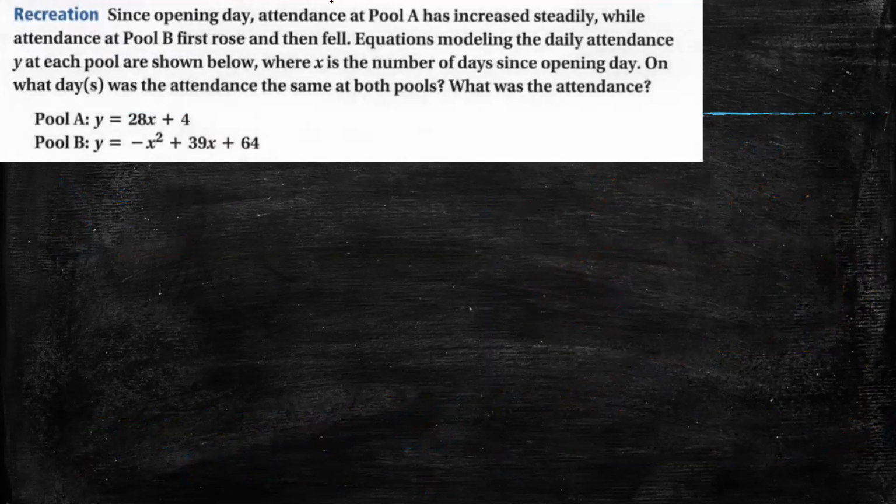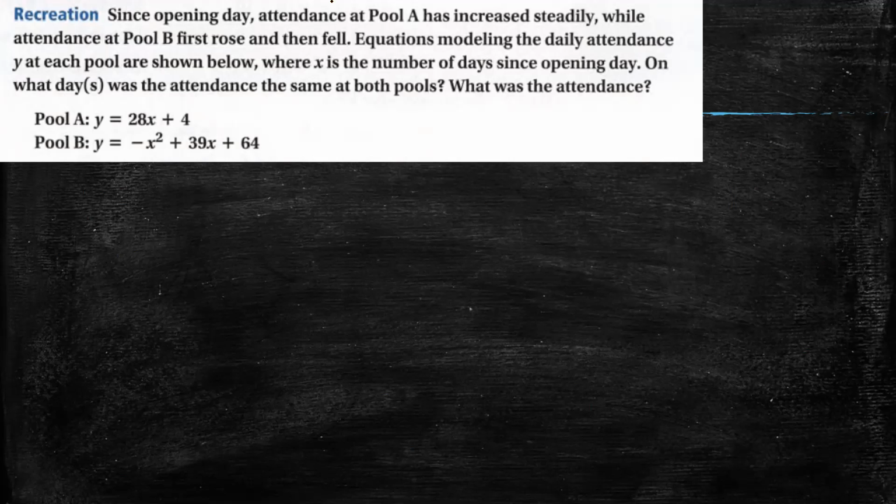Now, since opening day, attendance at Pool A has increased steadily, while attendance at Pool B first rose and then fell. Equations modeling the daily attendance y at each pool are shown below, where x is the number of days since opening day. On what day or days was the attendance the same at both pools? What was the attendance?